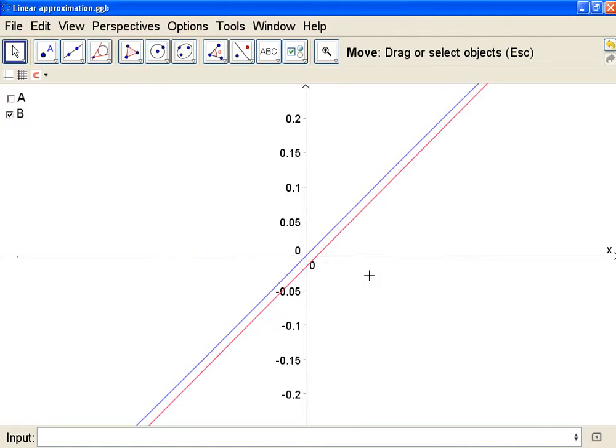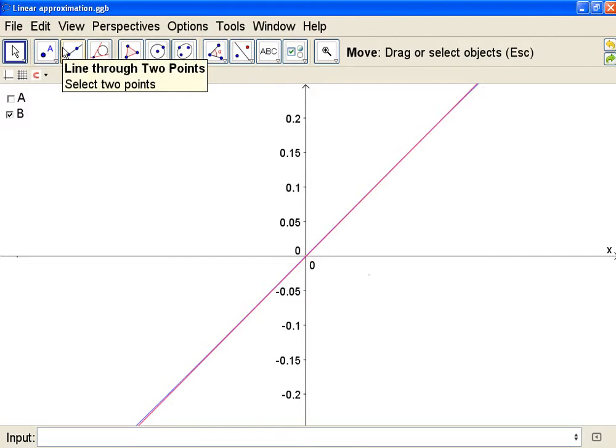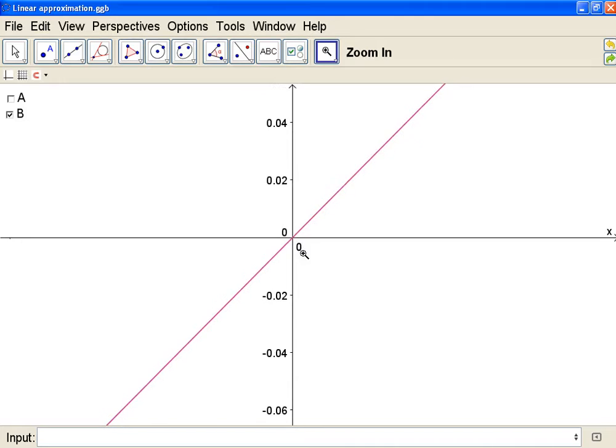How did that happen? As I zoom in, what's getting really close? Yeah. The original function sine of x and its tangent line are only exactly equal right at 0.